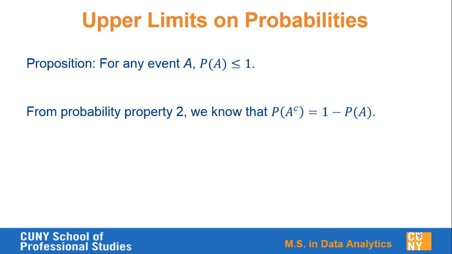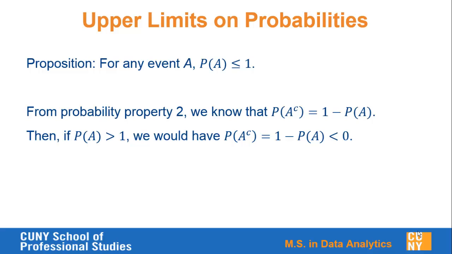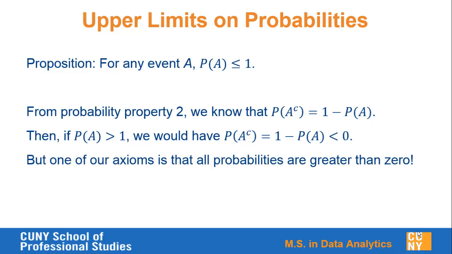So we know from probability property number 2 that the probability of a complement is equal to 1 minus the probability of A. So assume for a second that the probability of A is greater than 1. For instance, maybe it's 2. Well, then the probability of A complement would be 1 minus that number greater than 1, and that would have to be a negative number, and that's not allowed from our probability axioms.